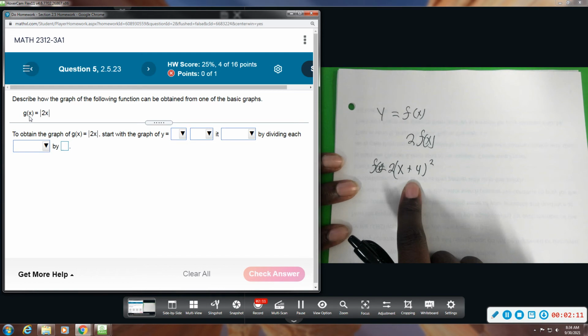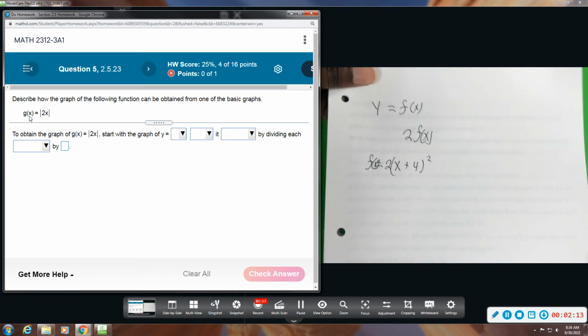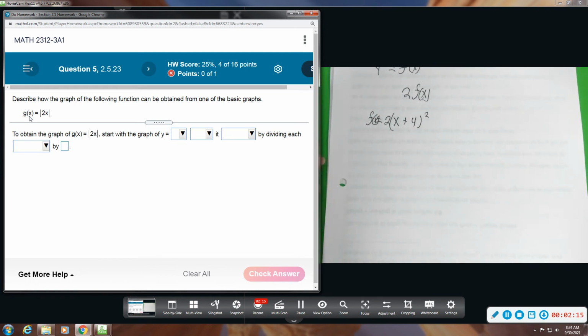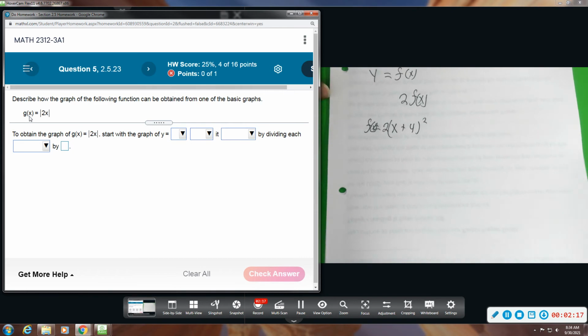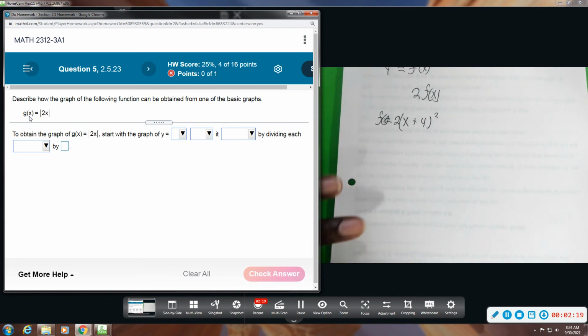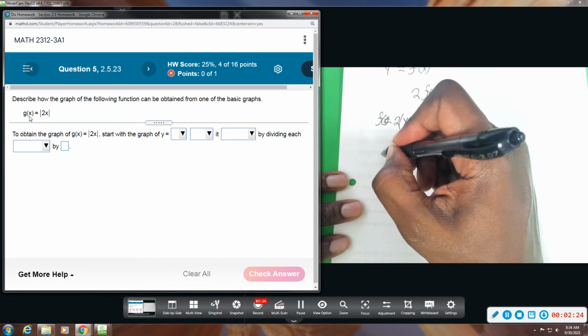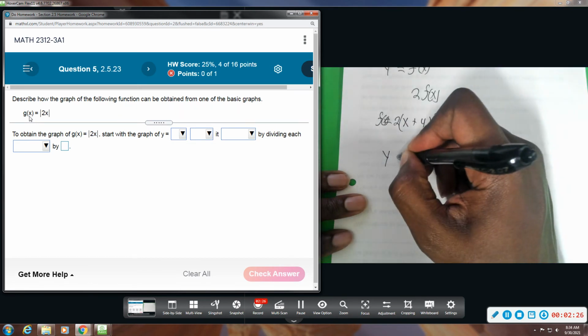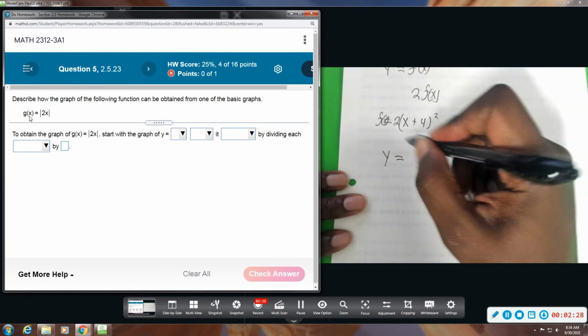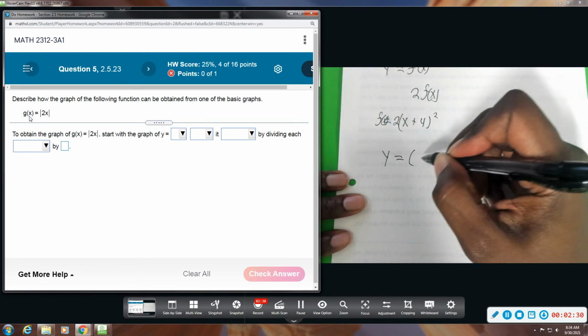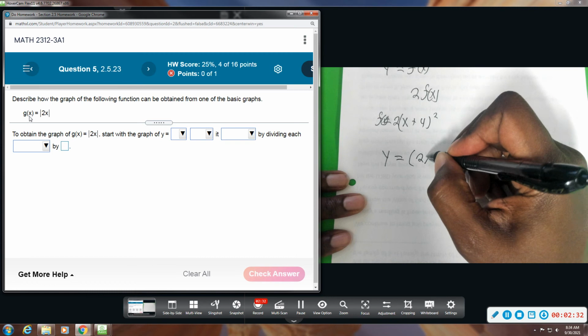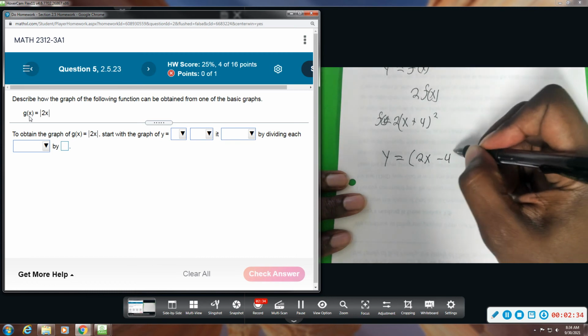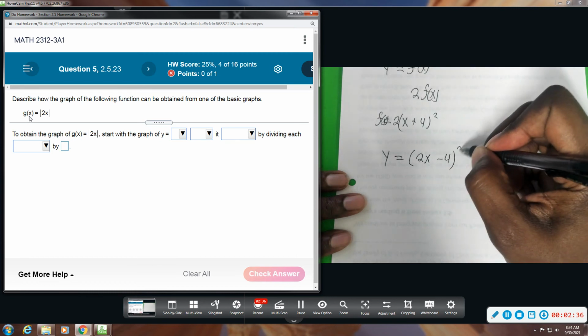Okay, so let's talk about what happens to x. So when we're talking about the transformation to x, here is why things are opposite. So let's say that I just have a y equals equation. Let's just say y equals, and the same thing as f of x, let's just say 2x minus 4 squared.